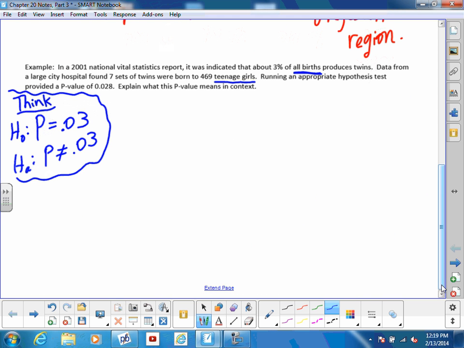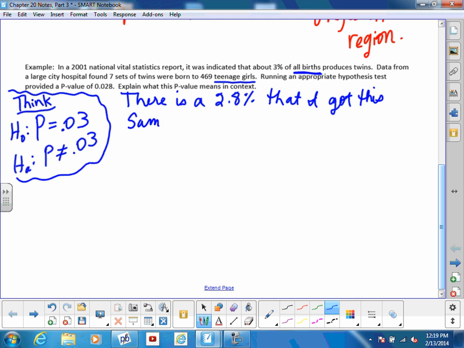So let's explain what the p-value means in context. So here we go. There is a 2.8% chance that I got this sample result. Actually, I'm just going to say sample, and then I'm going to say in parentheses 7 out of 469.